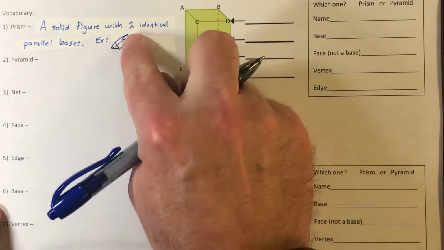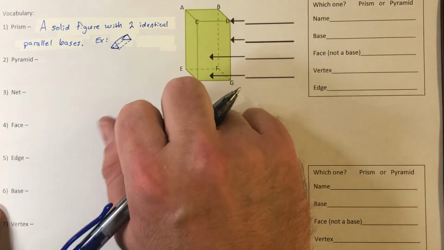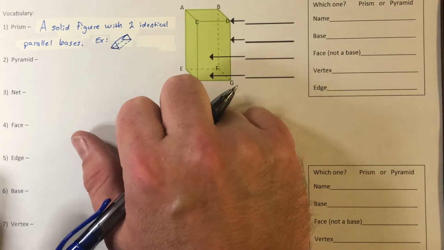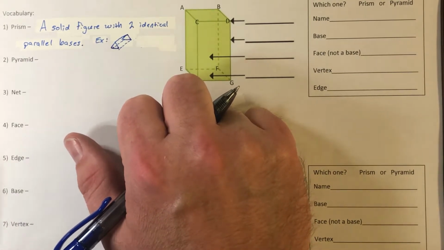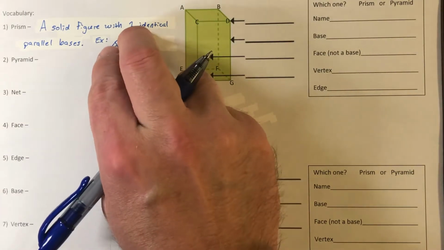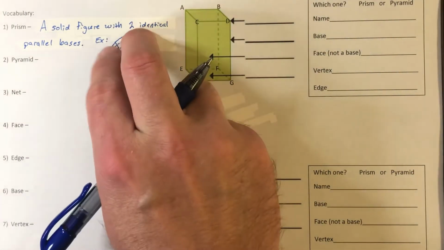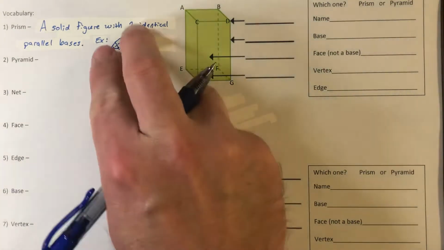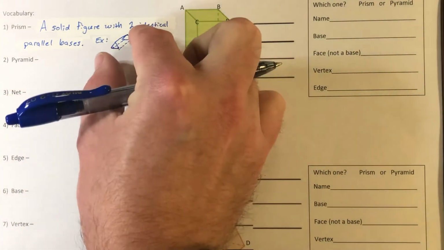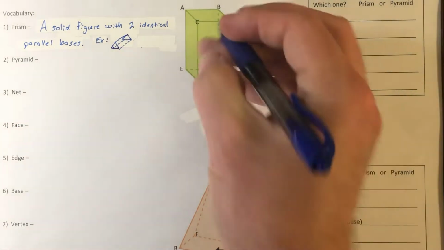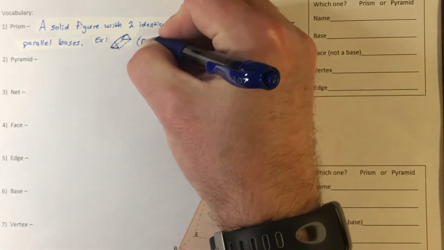And these 2 triangles are parallel to each other, and they're identical, meaning they're congruent, meaning they're equal in shape and size. Because they're equal in shape and size and parallel to each other, those are considered the bases. That's why this is called a triangular prism, because the bases are triangles. Going to make a note of that.